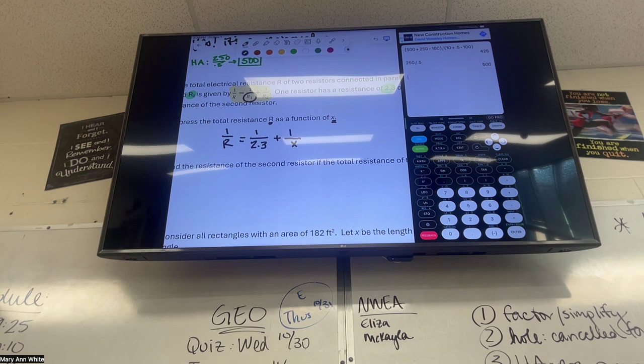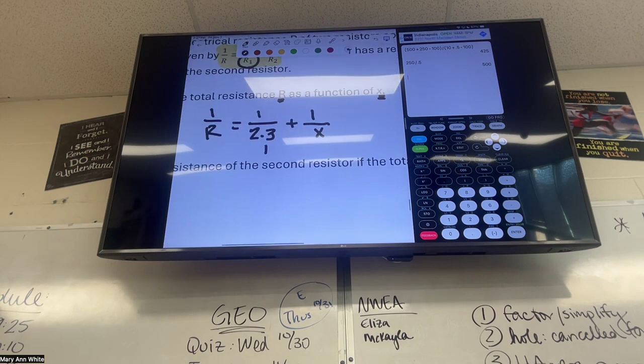Does this kind of look like the problem we were doing yesterday? Do you remember what those were called? What did we write at the top of those word problems yesterday? The work word problems. Remember that? When we were doing the pool and then the painting. Yeah, 1 over alone, 1 over alone. This is the same idea. 1 over alone, 1 over alone, 1 over together.